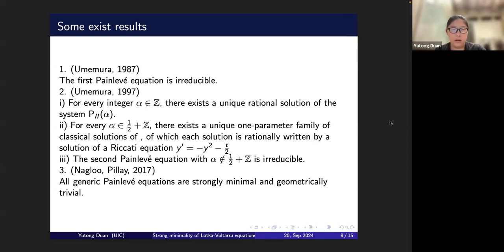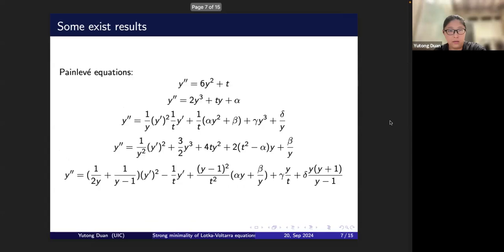By generic, we mean the parameters alpha, beta, as you can see in the previous equation, and in Painlevé 3, alpha, beta, gamma, delta.